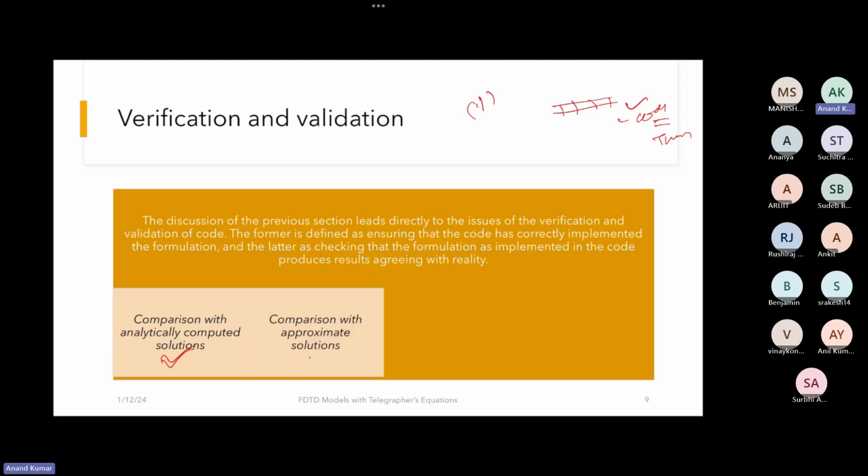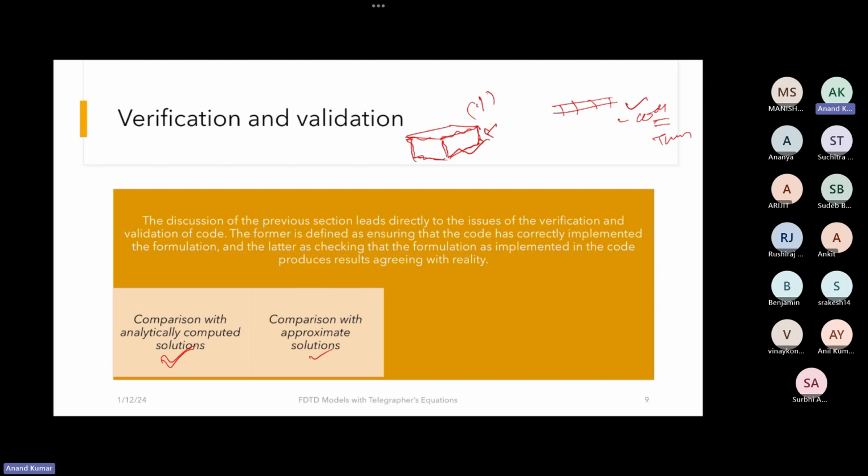The next thing you can do is comparison with approximate solutions. For example, if you have the interaction of an electric field with a square, maybe you can analytically solve this, but what happens if this square has some rough edges? The analytical problem will become very complex.